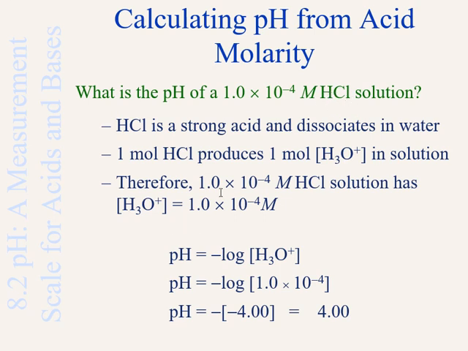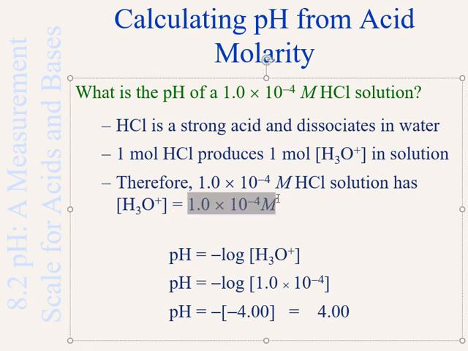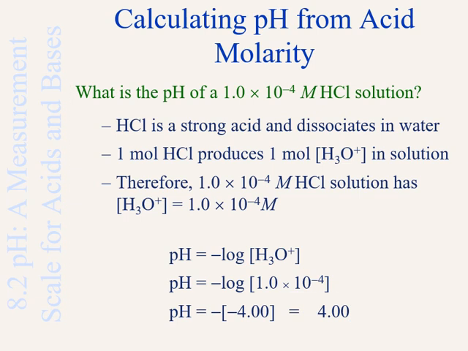And when we talk about H+, it's the same thing as H3O+, because H+ gets picked up by H2O to produce H3O+. So we have 1.0 times 10 to the negative 4 molar H3O+. When we take the negative log of that, we get 4.00. It's a fairly acidic solution. It's not very acidic, but it's fairly acidic.